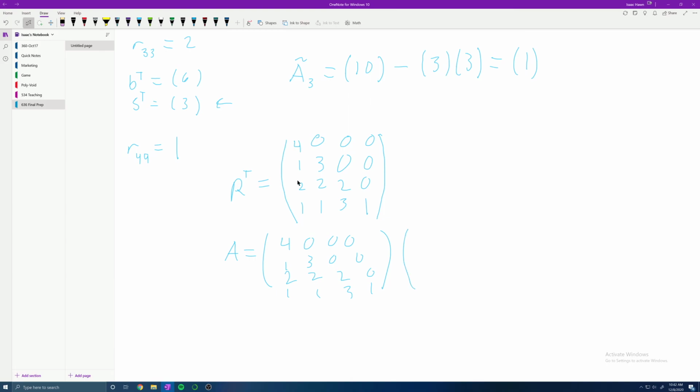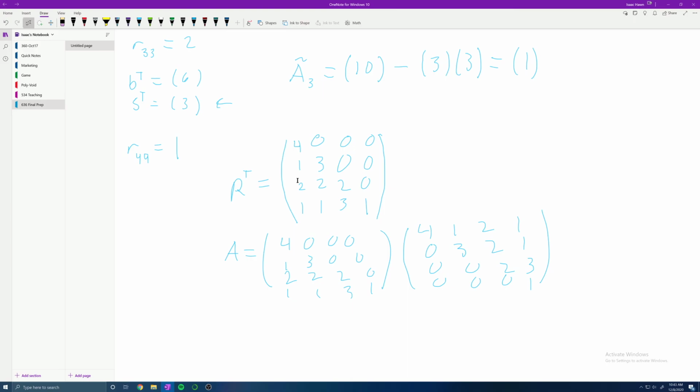You get the picture. And if we multiply this by the transpose, that would be A. If you check that, it would work here. Okay, that was the recursive method of computing the Cholesky factor of A here.